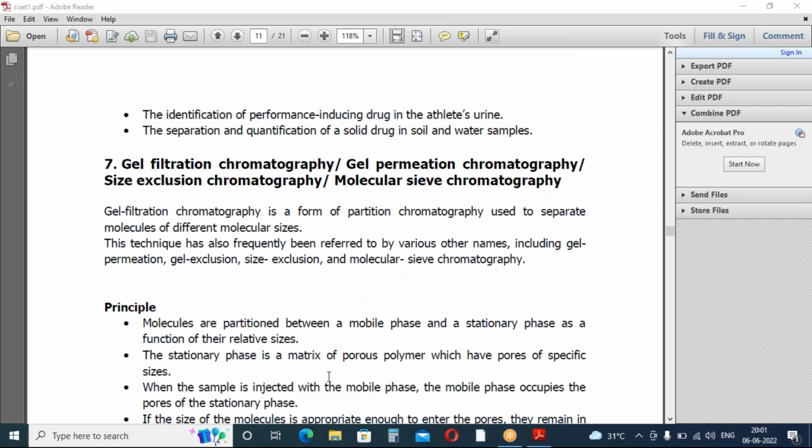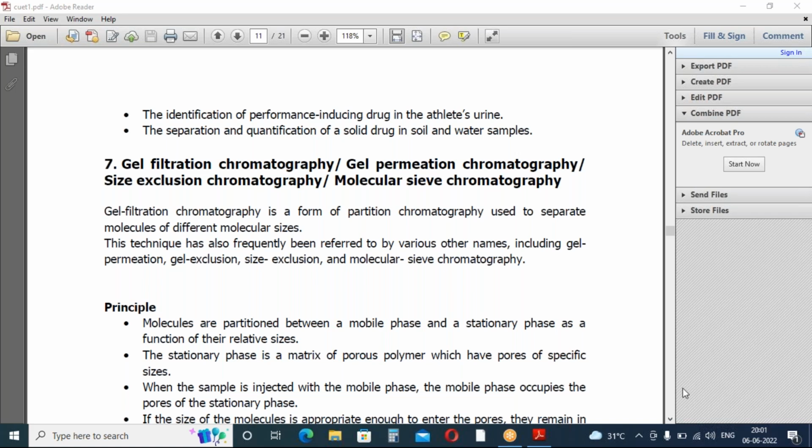Here the stationary phase is a matrix consisting of a porous polymer, which contains different sized pores, bigger pores and smaller pores. Depending upon the size of this porous polymer, different types of particles can be separated.